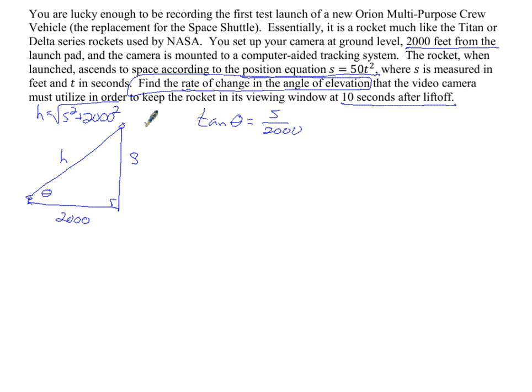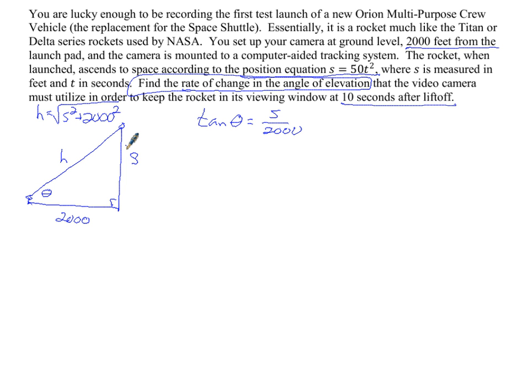Okay, so now that we have that, we know that t is 10 seconds, let's figure out what the h is going to be and what the s is going to be so that we know all of these lengths in this triangle. Make sense? Just in case we need it. I don't know if we do or not, but maybe we do. So if I want to find this length right here, what do I need to do?